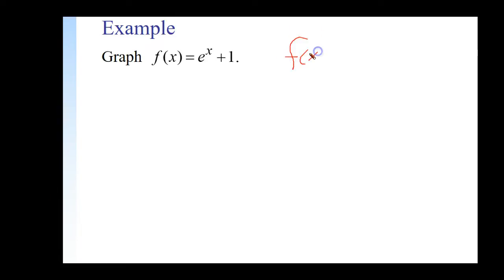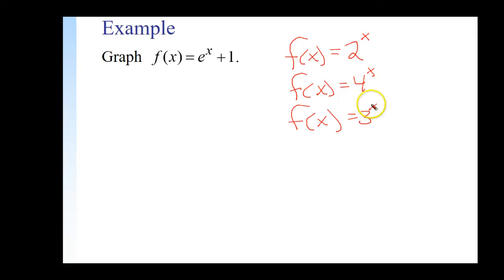And this we had before. You may remember them. It looked like the function of, let's say, 2 to the x power. And the one we had was the function 4 to the x power. And we also did the function 3 to the x power in an earlier lesson.